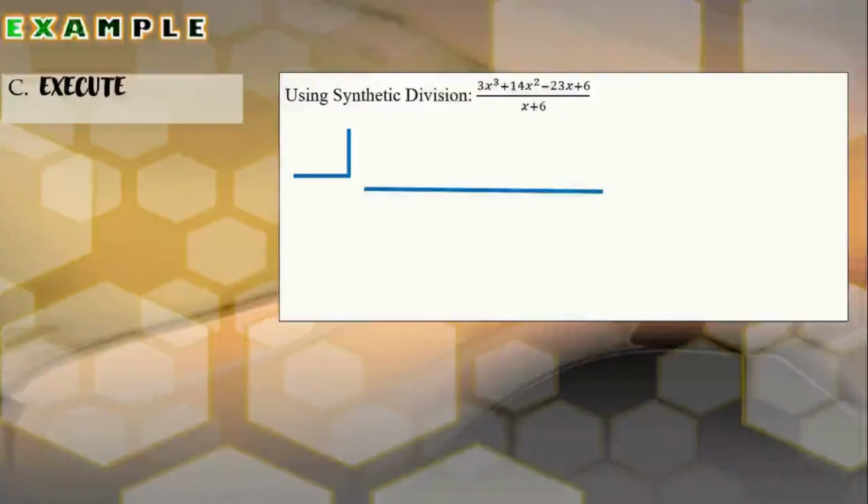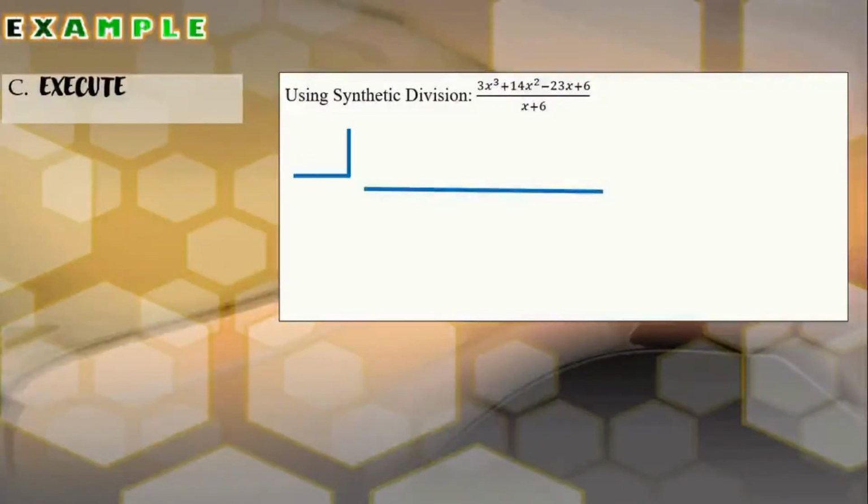Now, for the third step, which is to execute. So we will use the synthetic division. So we will divide 3x cubed plus 14x squared minus 23x plus 6 divided by x plus 6. Ma'am, bakit mo kailangang i-divide? It is because we have to get the next two dimensions.